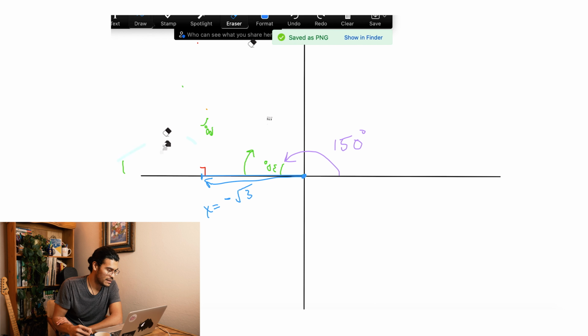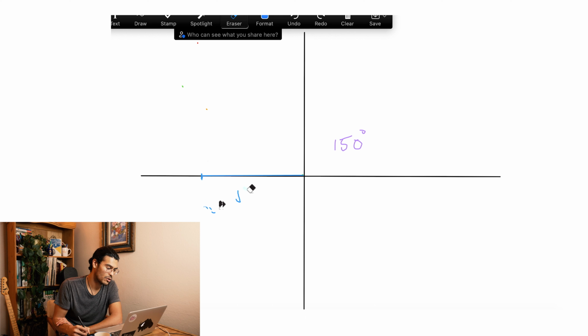As a matter of fact, any increment of 30 degrees, with the exception of your 90 degrees and your 180 degrees and so on, with the exception of your axes themselves, works this way. What if we said this is a 60 degree angle?